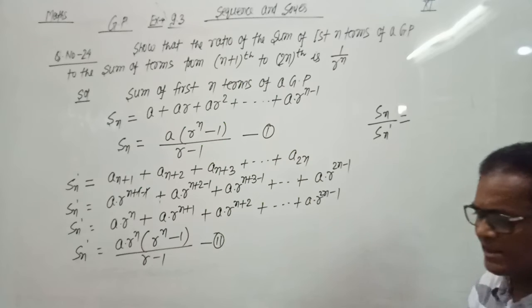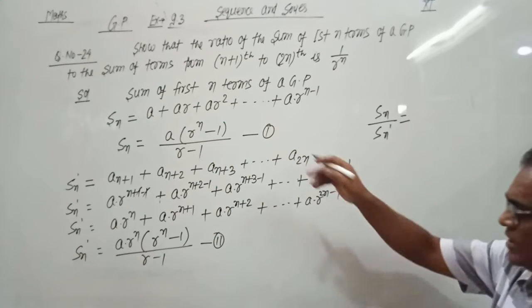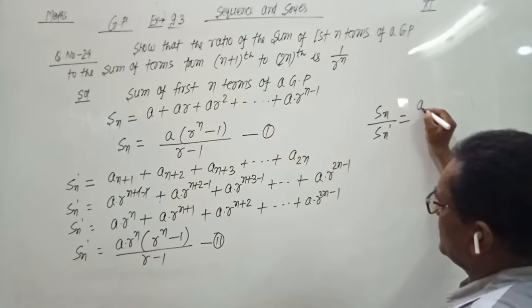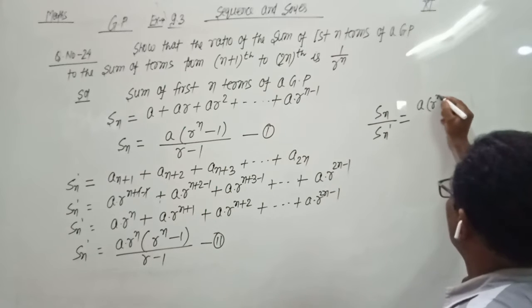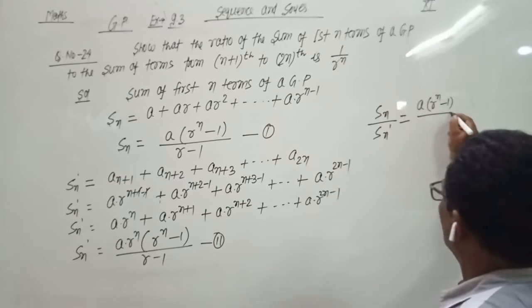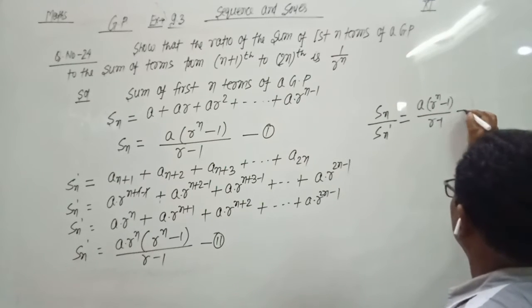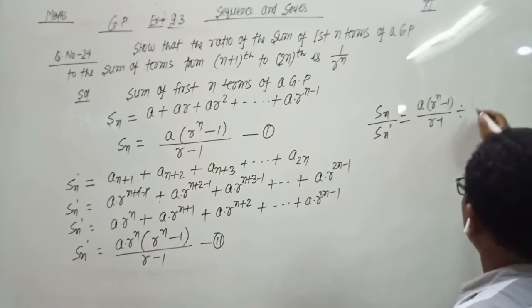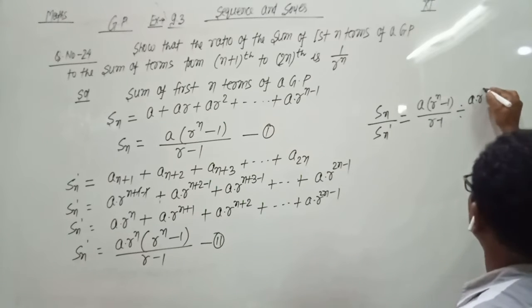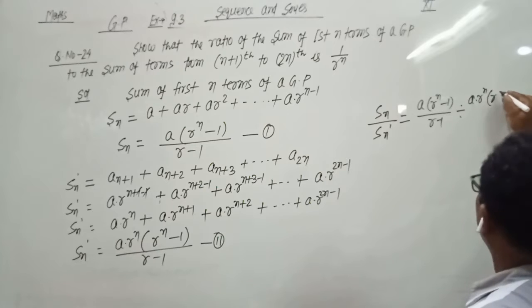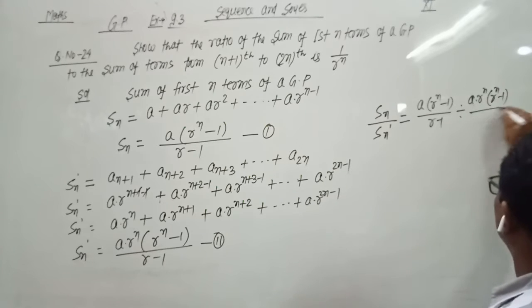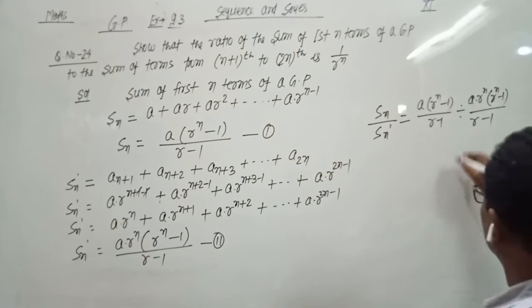Now we have to show the ratio of Sn and Sn dash. We have to find the ratio. So a into r raised to the power n minus 1 upon r minus 1 divided by a into r raised to the power n, r raised to the power n minus 1 upon r minus 1.